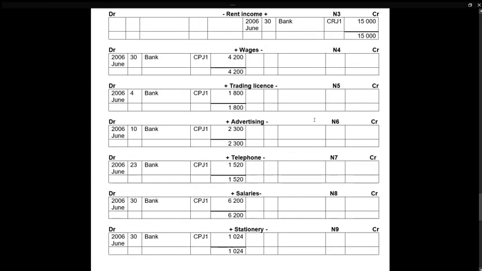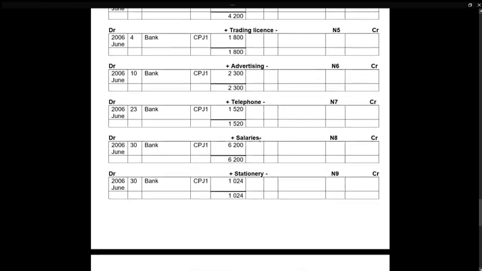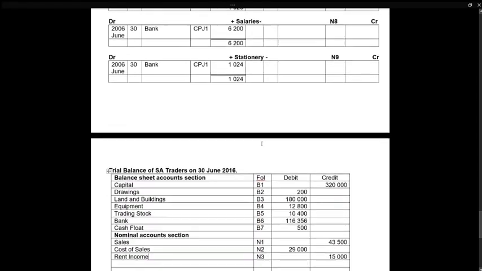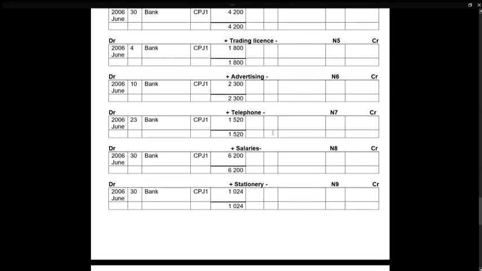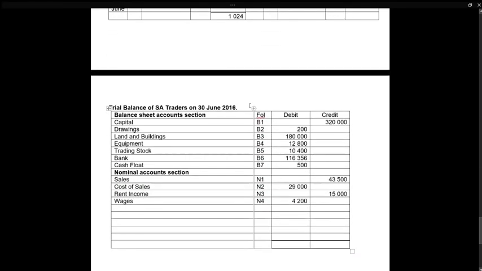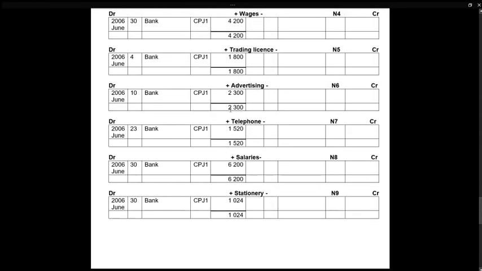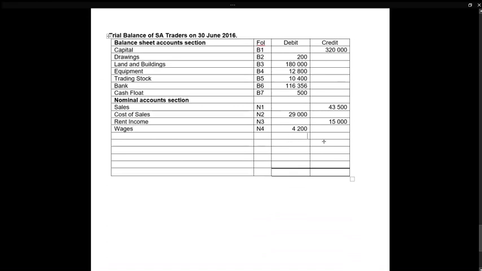Right, N4, wages, with a debit balance of 4,200 Rand. Let's fill that in first, 4,200 Rand. Nominal account section number 4, wages. Okay, N5, trading license with a debit balance of 1,800 Rand.